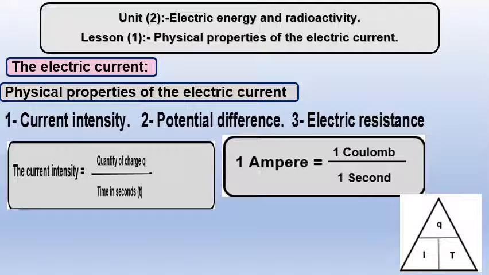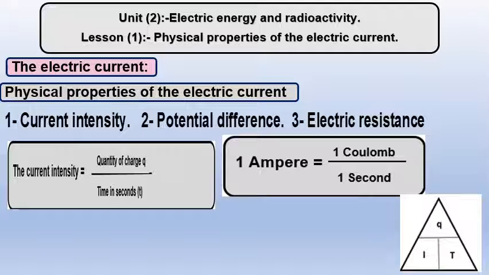If I use a graph to find the relation between the electric current intensity and the quantity of electric charge, this is directly proportional, represented by a straight line passing through the origin point.